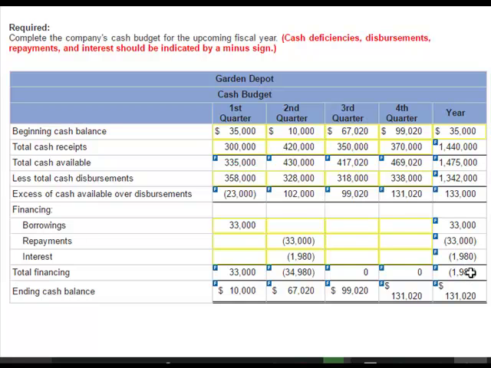And you'll notice that the subtotal is just the amount of the interest charges we're paying. Because the $33,000 we borrowed, less the $33,000 repaid, these offset each other to zero. So it's just the interest that's going here in the year column for the total financing section. And finally, you'll notice that the ending cash balance of $131,020 agrees with the ending cash balance in the fourth quarter column.